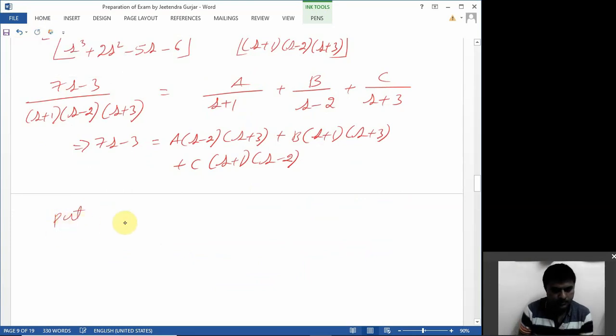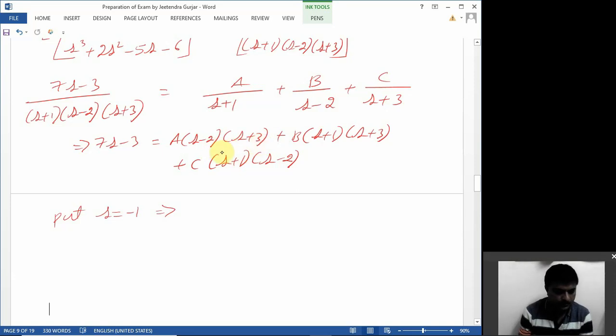I'll just put s is equal to minus 1. Okay, when I put s is equal to minus 1, students, you can see for b, minus 1 plus 1 is 0, so the b term is 0. Here for c, minus 1 plus 1 is 0, so the c term is 0. So only the term that remains is a(s minus 2)(s plus 3).